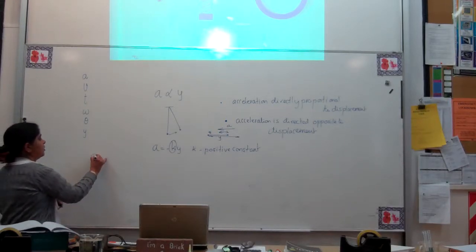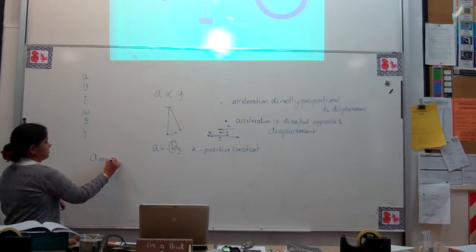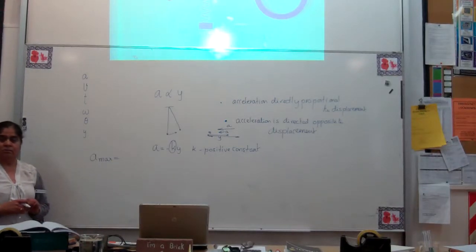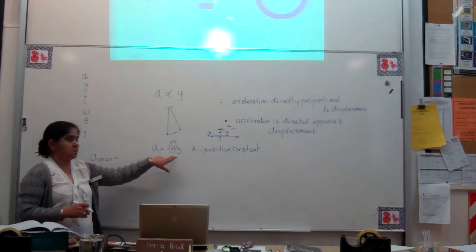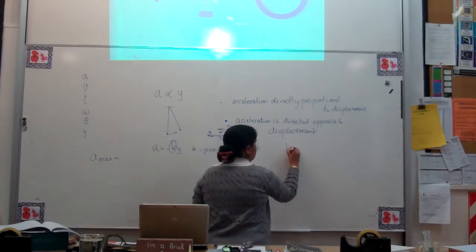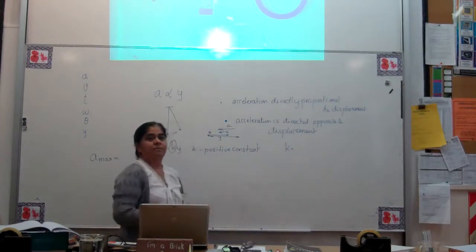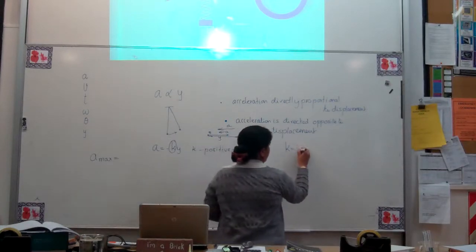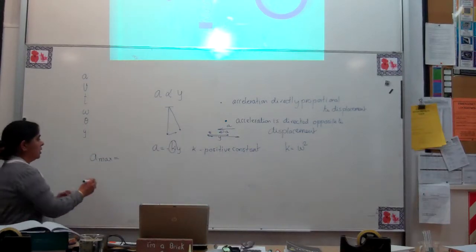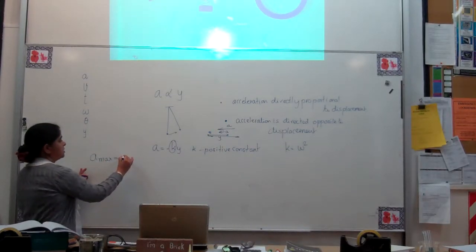If we have to calculate maximum acceleration, what is the equation we use in simple harmonic motion related to this? K is, what is K in reality? Omega squared. Square of angular frequency. Okay, maximum acceleration is omega squared.